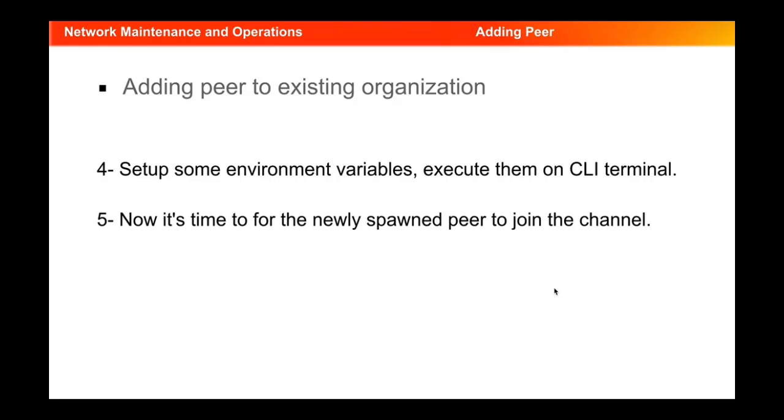So this is a process where we have to run a lot of Docker commands, and we need to get inside a Docker container to change your environment to act as some other organization. And then you have to create channel artifacts, and you have to run other commands as well. So this is again a process that we have to follow, and this process is well explained in the project 2 that we will be covering soon.